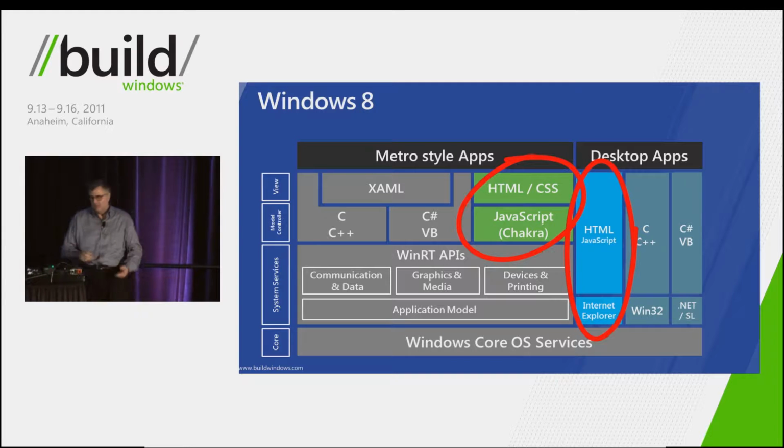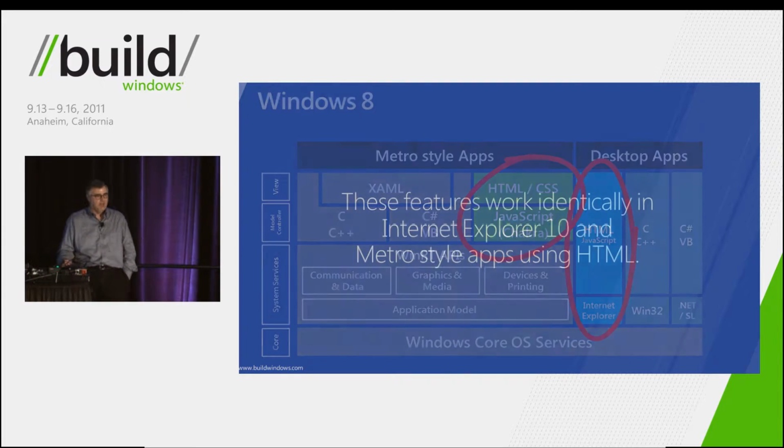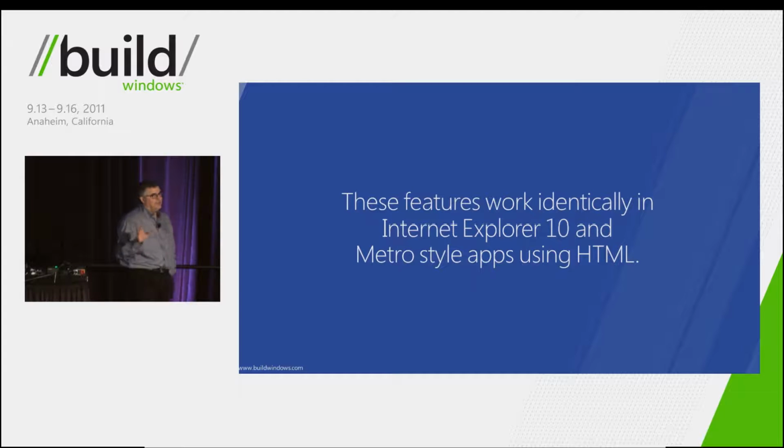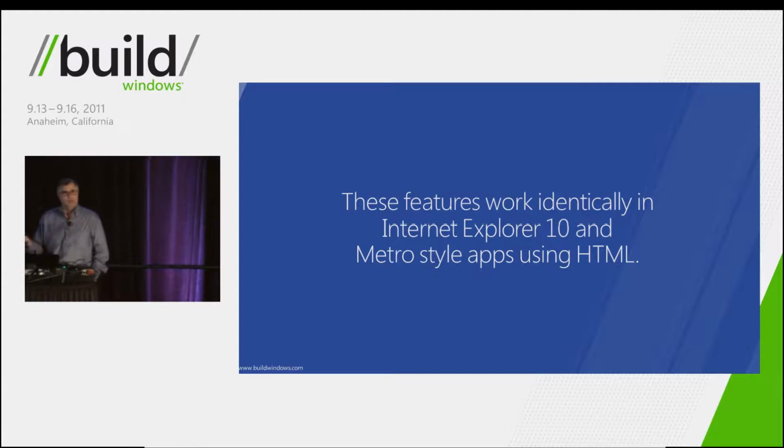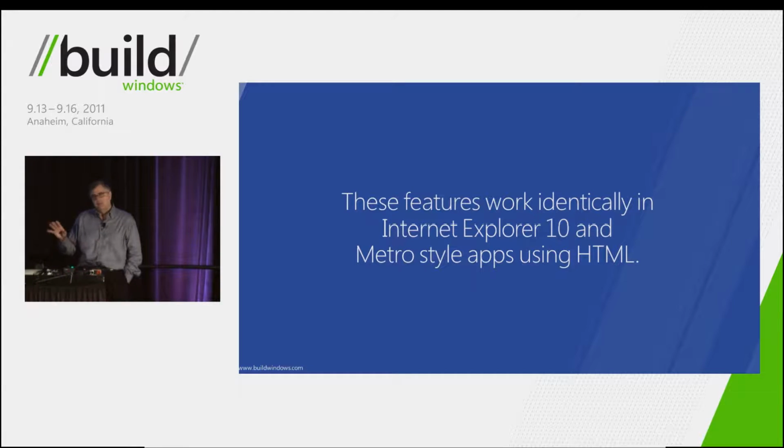So again, what we're talking about here applies. Everything applies equally to those two areas. In fact, just about every feature I'm going to show you here today also works in other browsers. Sometimes not as well. I don't want to dwell on that. Some features aren't quite there, but generally, we are still committed to the same markup approach to the standards-based web as we were with IE9.